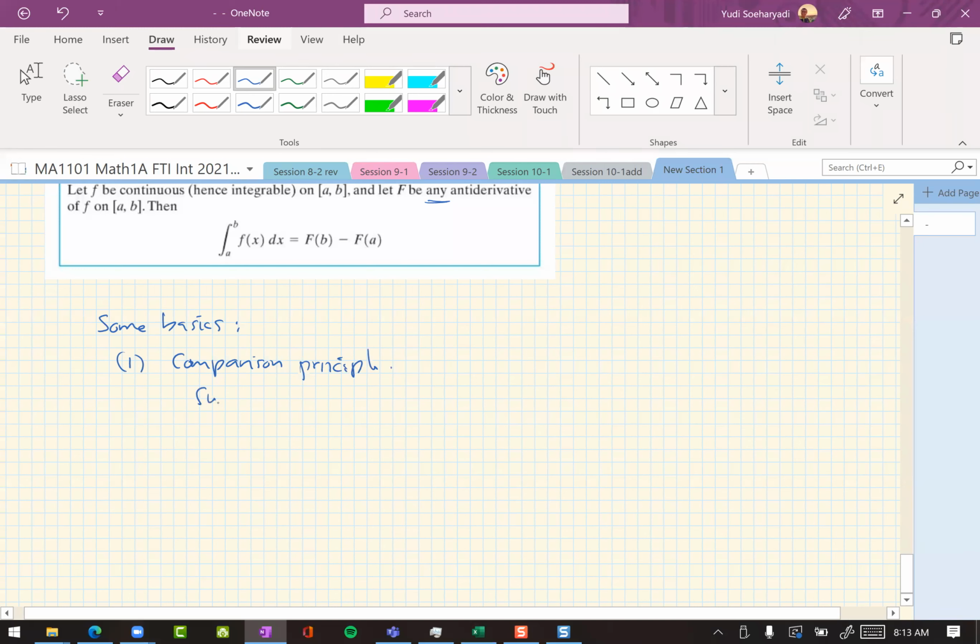Okay, suppose we have functions, and x is inside A and B. X is between A and B. Okay, so how do we picture that one?